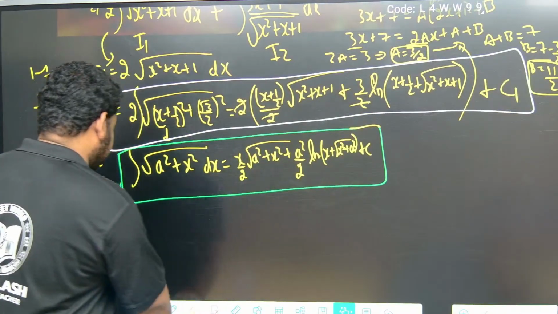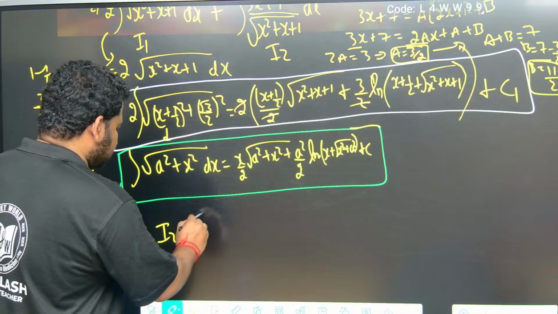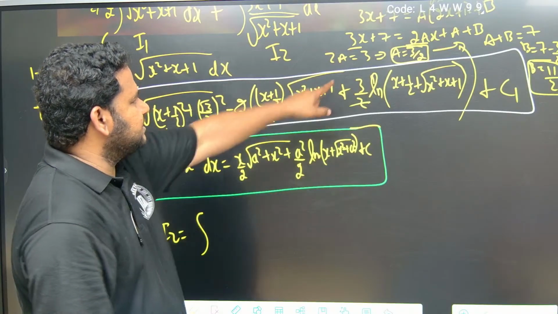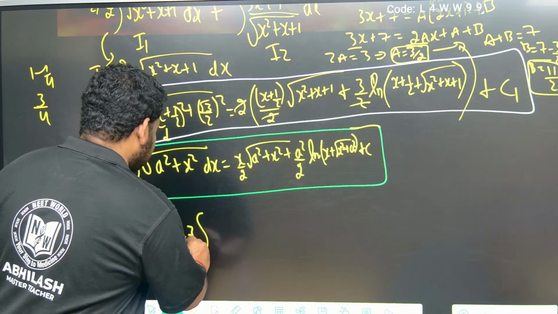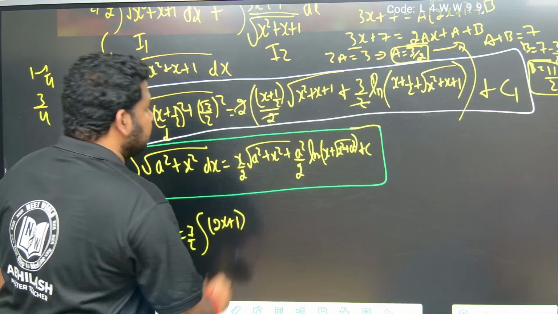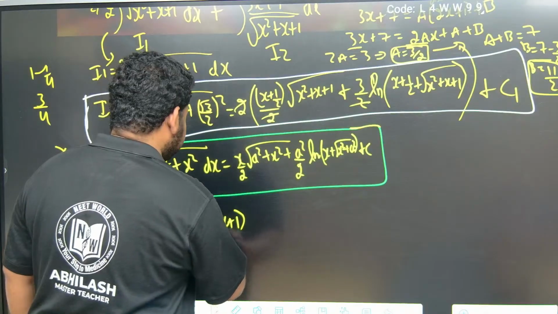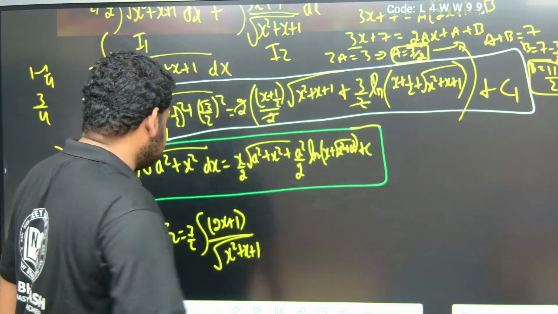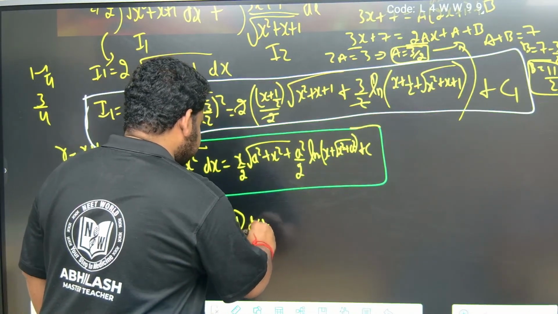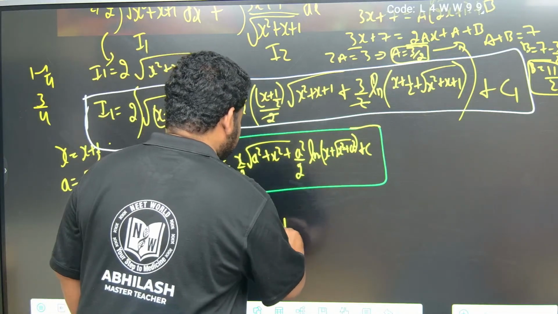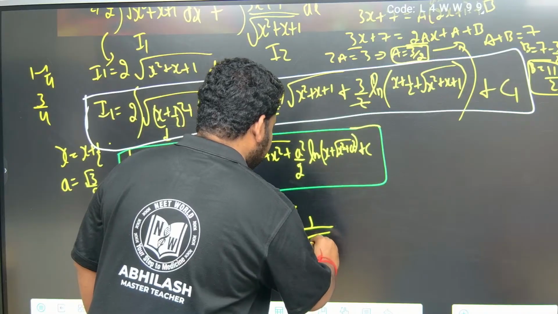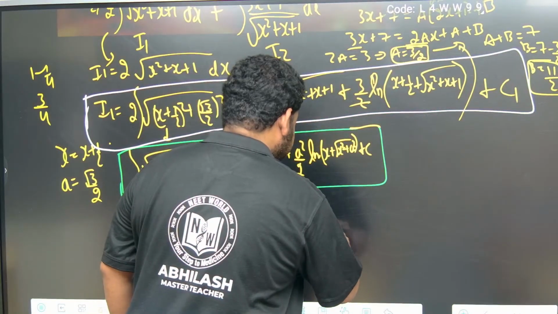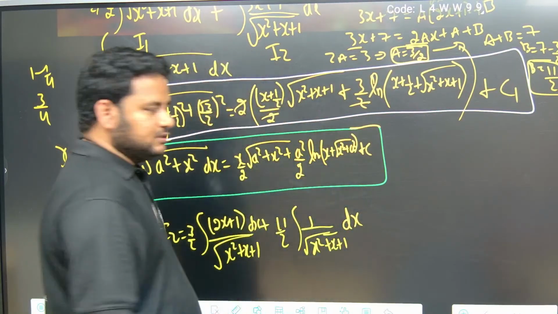I2 will be equal to the integral of a times (2x plus 1) divided by square root of x square plus x plus 1, plus b divided by square root of x square plus x plus 1, dx. A is 3 by 2 and b is 11 by 2, so I2 is 3 by 2 into the integral of (2x plus 1) over square root of x square plus x plus 1, plus 11 by 2 into the integral of 1 by square root of x square plus x plus 1 dx.